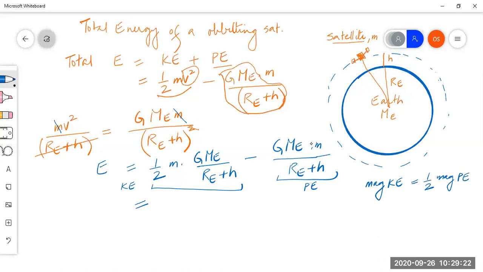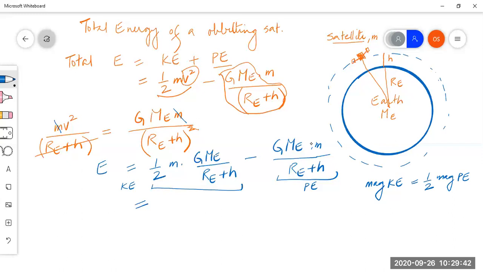Second point, the gravitational potential energy, we know that it's negative. It's zero or positive only when the separation between the satellite and the Earth is infinity. We've already discussed that concept. Now, we can always subtract them.